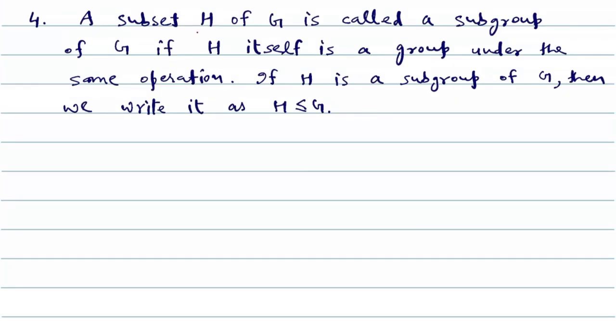A subset H of G is called a subgroup of G if H itself is a group under the same operation. And if H is a subgroup of G, then we write it as H less than or equal to G, but read it as H is a subgroup of G. As an example, consider this group again, G consisting of 4 elements 1, minus 1, iota and minus iota.